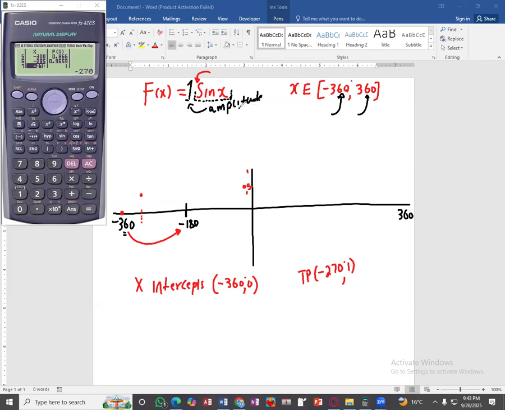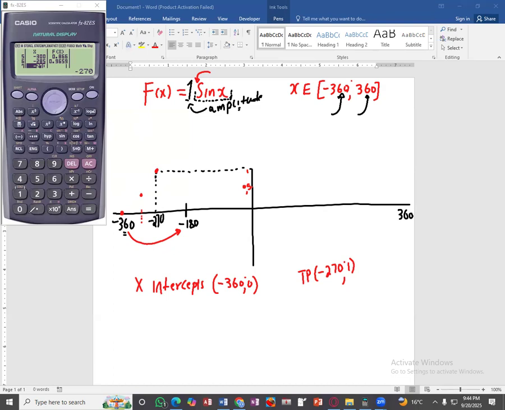So it is the highest value of y, so we know that the graph turns at the value where y is 1. So negative 270, I must show it. Suppose it's here. So I'm going to say negative 270 and this one. So we put a dot here.